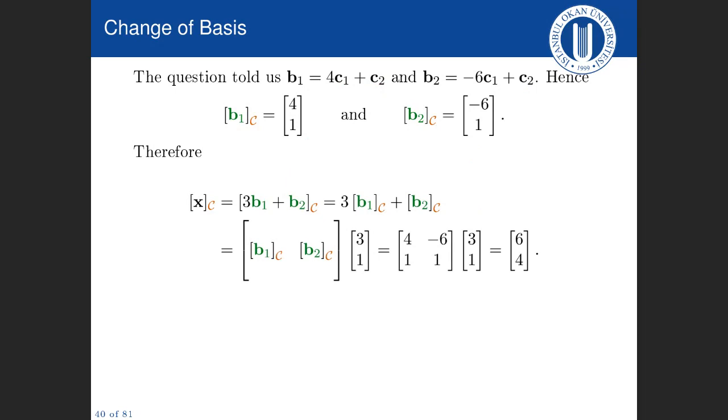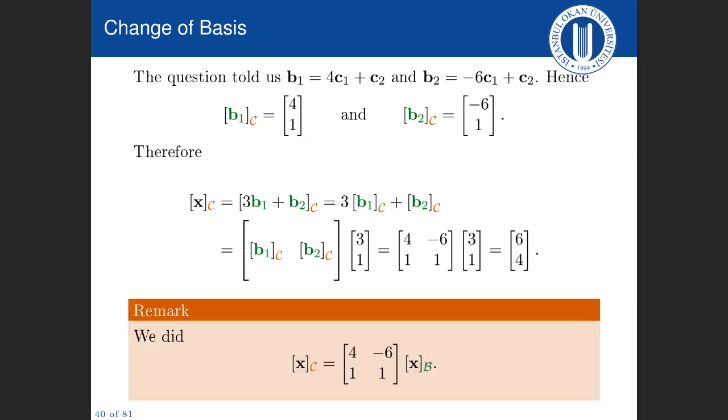That means the coordinates for x relative to the basis C is the matrix, first column 4, 1, second column minus 6, 1, multiplied by the vector 3, 1, and that gives the answer 6, 4, which of course is what we were expecting the answer to be.